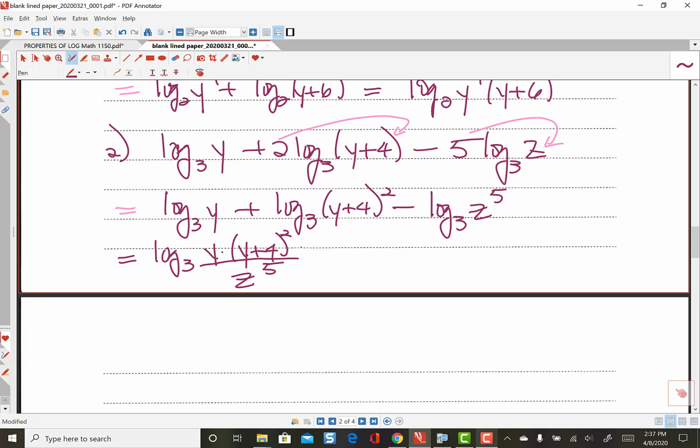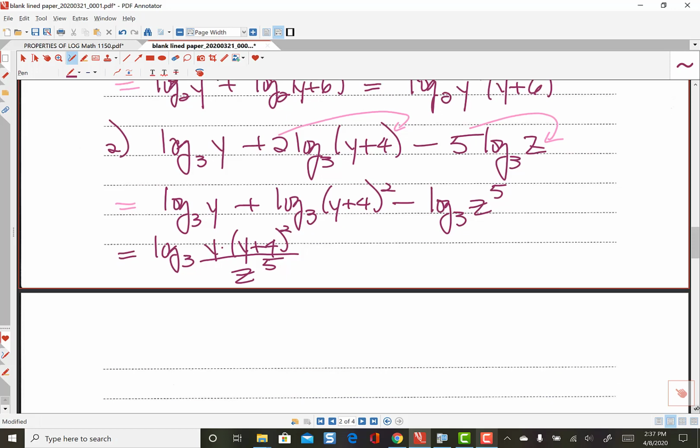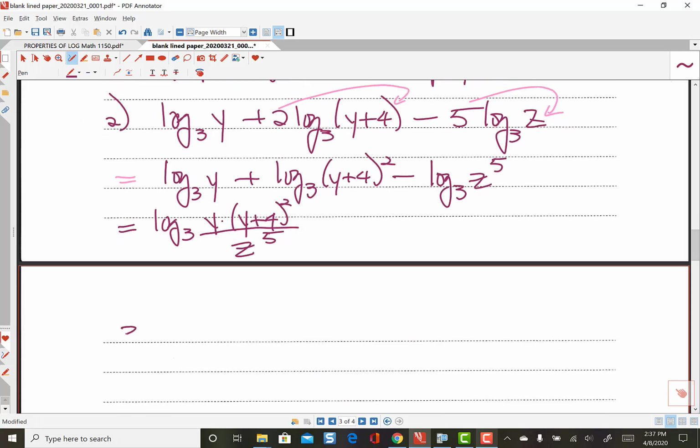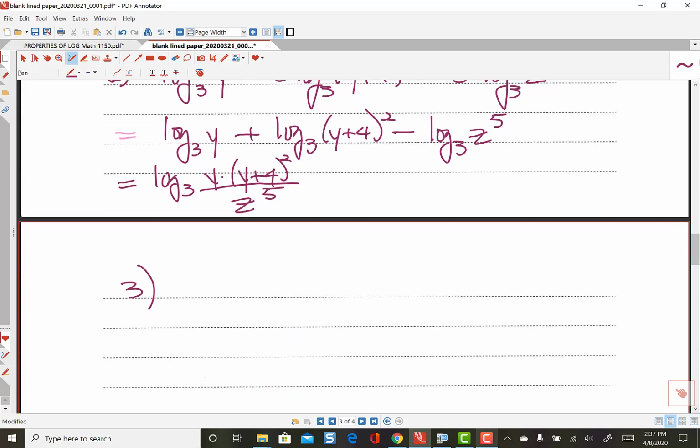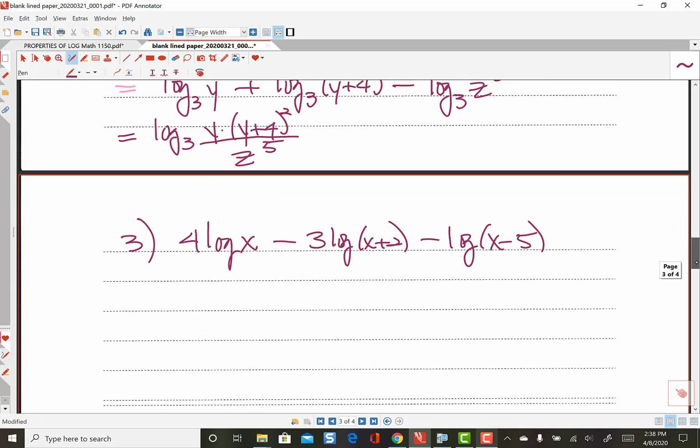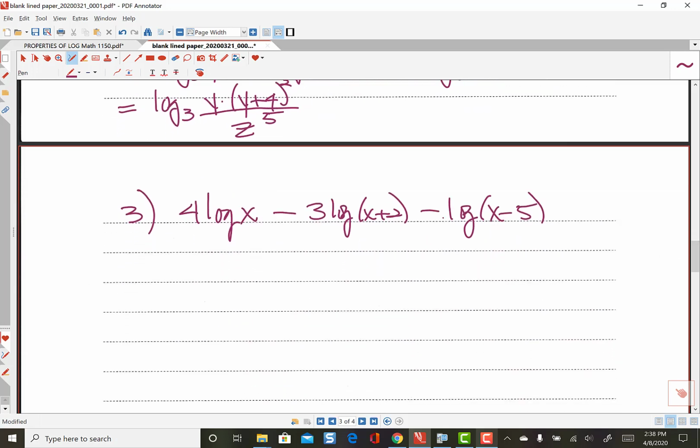Okay. All right, so let's do one more here, where we're going to rewrite this as a single log term. So if I had 4 times the log of x minus 3 times the log of x plus 2 and minus the log of x minus 5. Now first of all, this is a common log problem because, again, there's no base indicated, so it's safe to assume it's base 10.